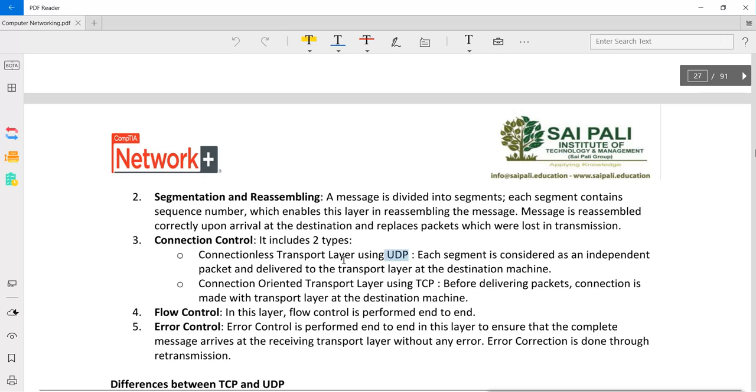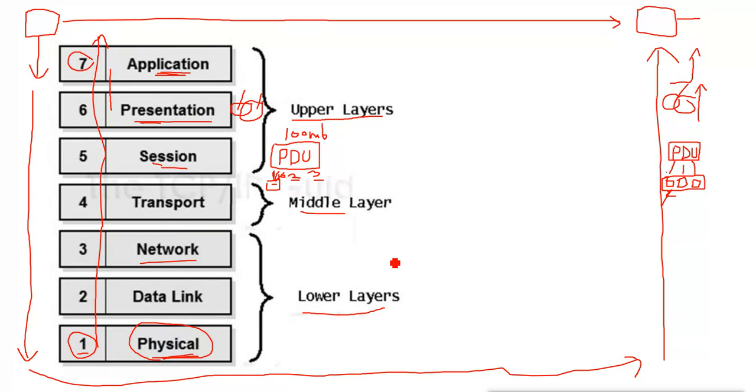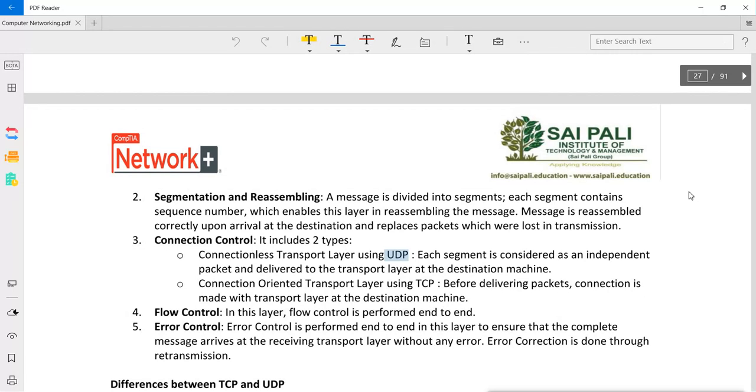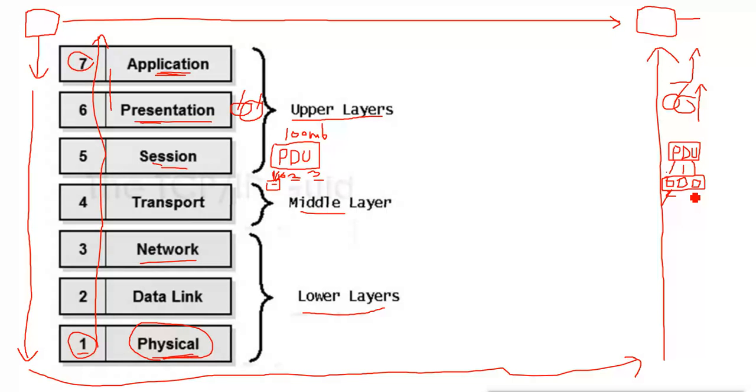Now what happens if the data reaches this way? That means if these segments are going and using the UDP protocol for connection control, then the receiving side does not wait for every packet.